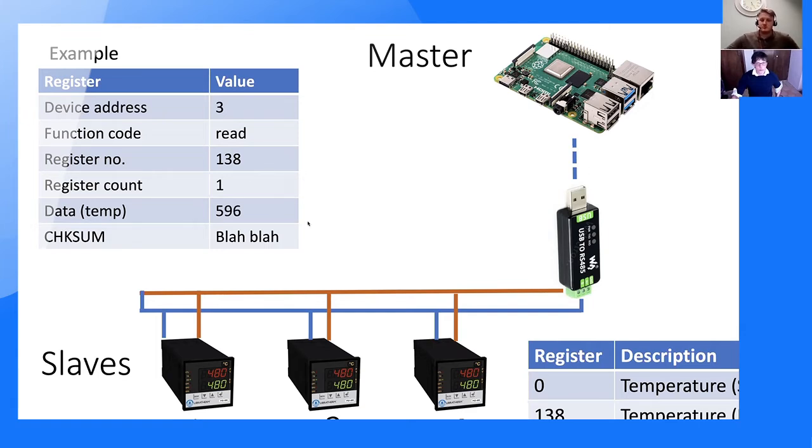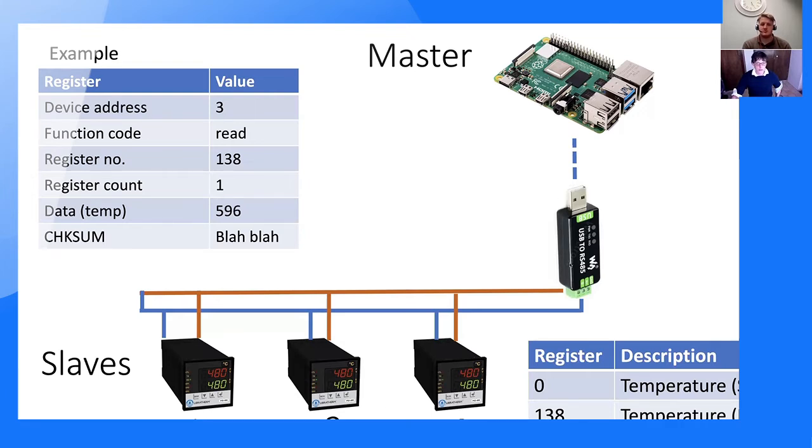So as an example of something which would be sent, I've got a packet of data here in the table. In this case, we would send a message to the device with address 3 from the Raspberry Pi.